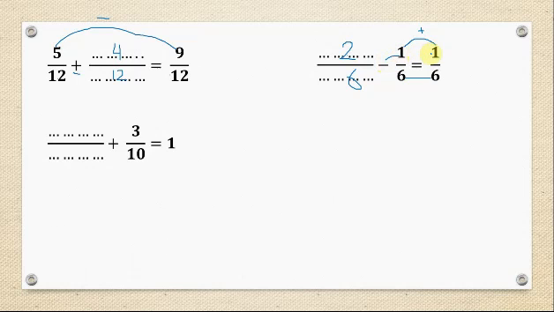Next question. What plus 3 over 10 equals 1? I told you before that we can't deal with the 1. I have to change it. And we change the 1 according to the denominators that we have. It's 10. So I will change the 1 to 10 over 10. Okay, the next step, the denominators have to be the same.